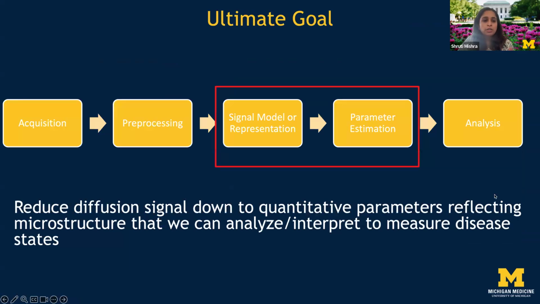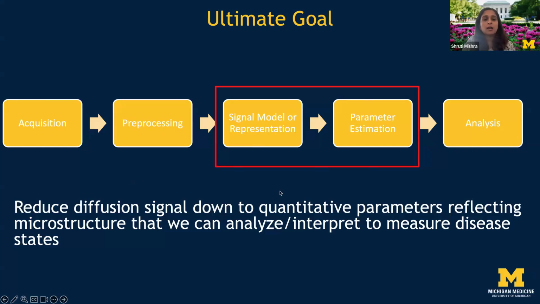So we do our diffusion acquisition. The ultimate goal is to reduce our diffusion signal to quantifiable parameters that reflect microstructure, that we can then analyze and interpret to measure disease states. And there are various ways of going from our acquisition step to our parameter estimation step.